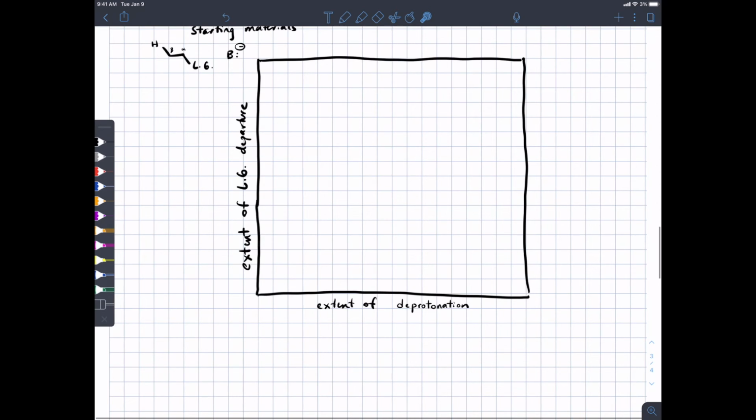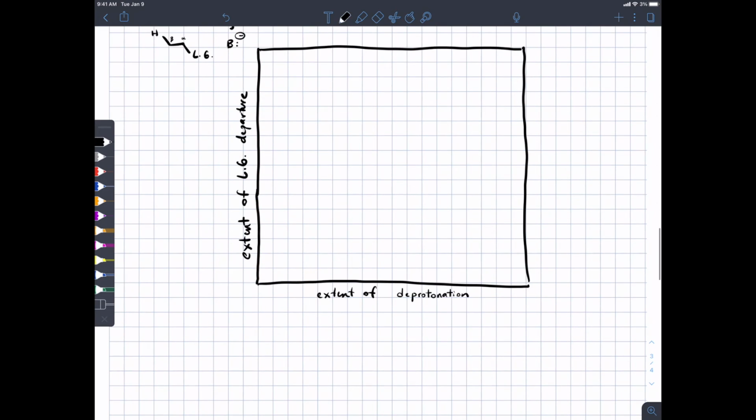All right, if we simply move down the y-axis, that would be the leaving group leaves before the base has removed the beta proton.